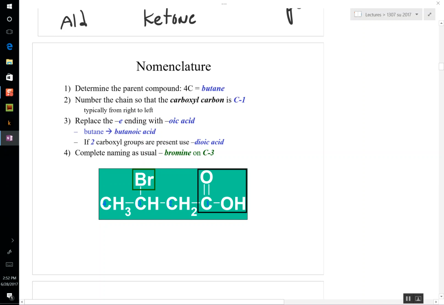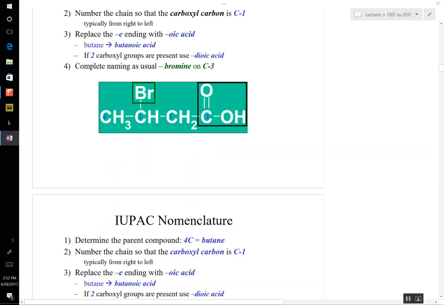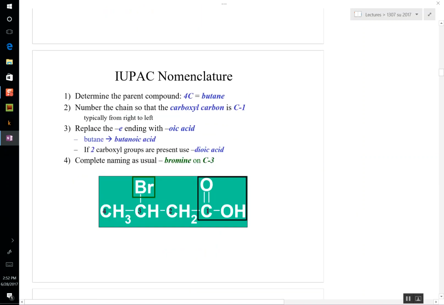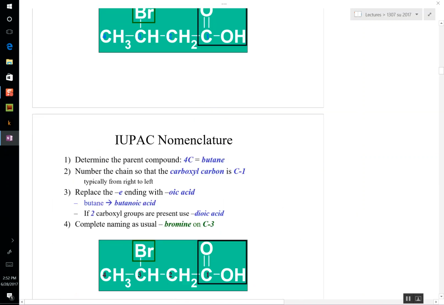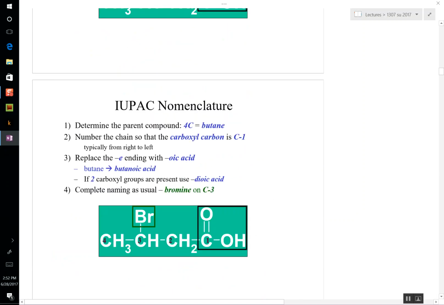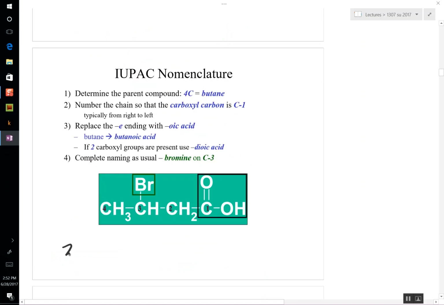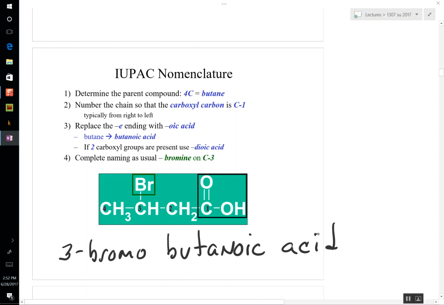And the bromine is on carbon number 3, so do we have the name here? Neither one of these slides has the name, so it's going to be 3-bromobutanoic, and we now include acid: 3-bromobutanoic acid.